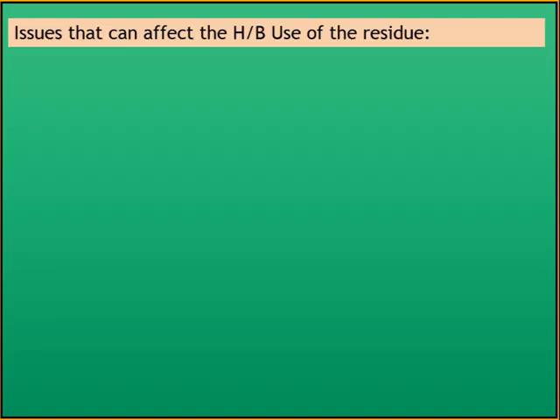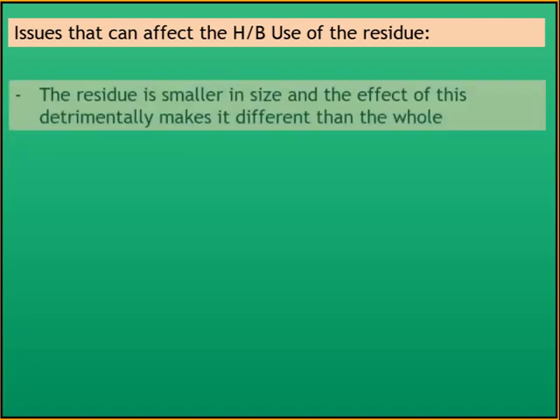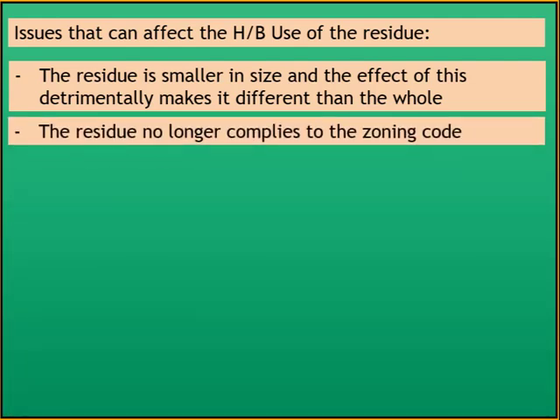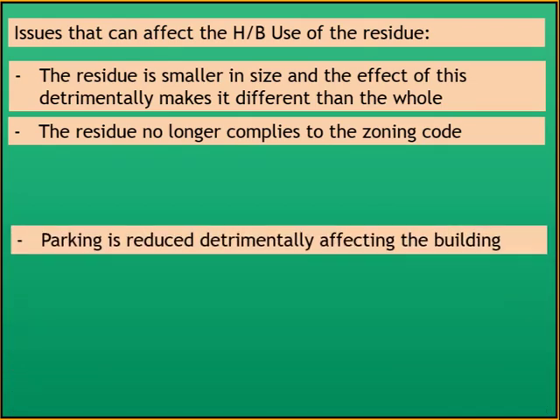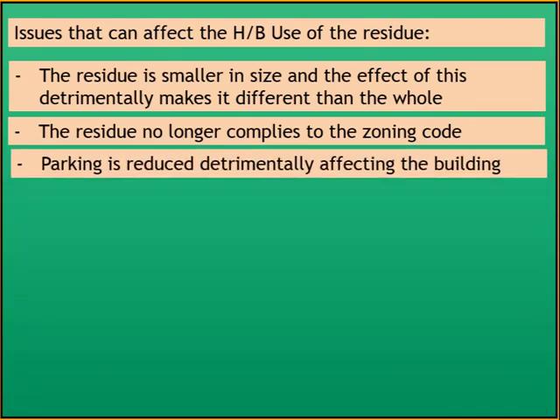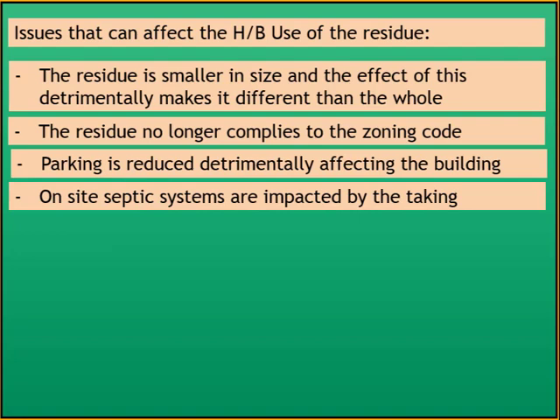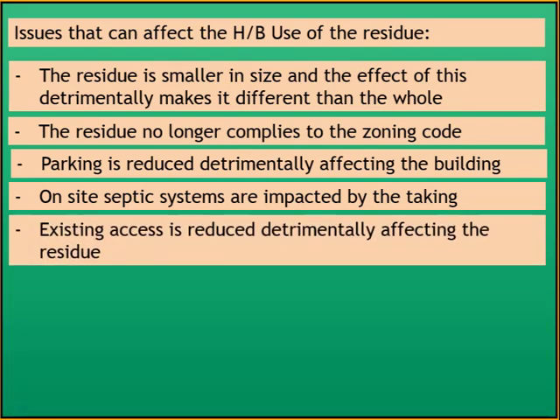Issues that can affect the highest and best use of the residue are: the residue is smaller in size and the effect of this detrimentally makes it different than the whole. The residue no longer complies with the zoning code. Parking is reduced, detrimentally affecting the building on the site. On-site septic systems are impacted by the taking, again, adversely affecting the occupation of the building that's on the property.